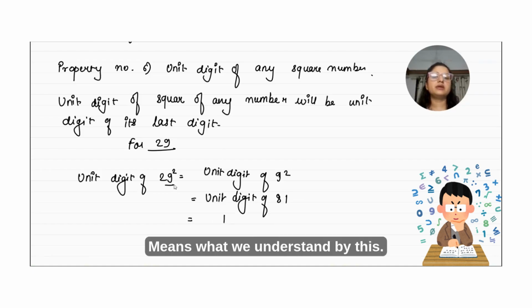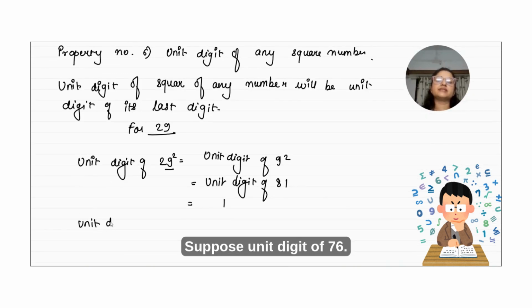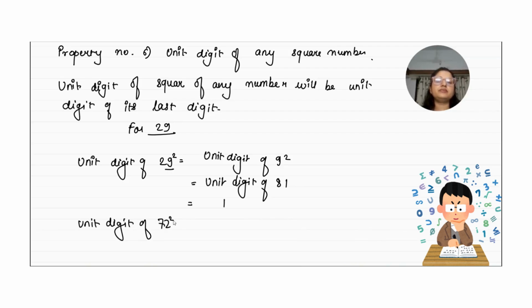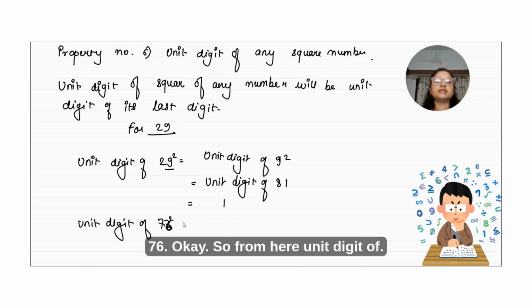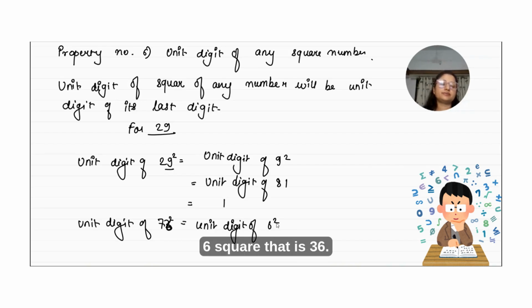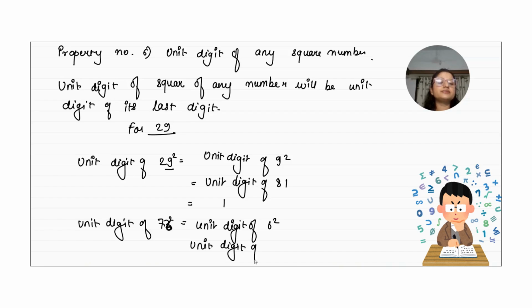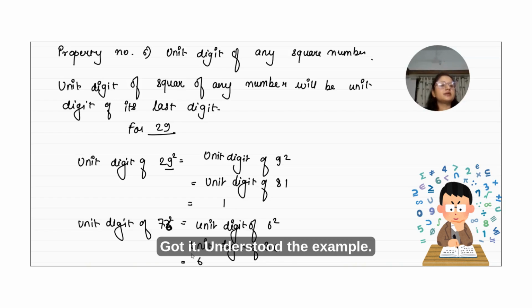What do we understand by this? Suppose I take another example, the unit digit of 76 square. From here, the unit digit of 6 square, that is 36. So we'll find the unit digit of 36, that is 6.